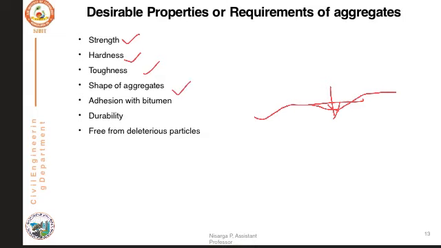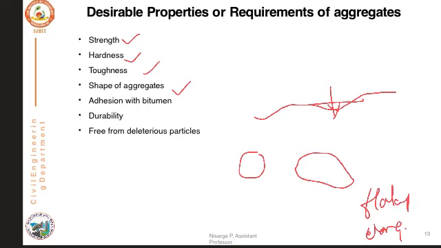The next property is the shape of the aggregates. We know that aggregates possess various shapes. The aggregates can be rounded, angular, flaky, or elongated. So these are all the various shapes of aggregates that are possible. Now, which is suitable for road construction work?